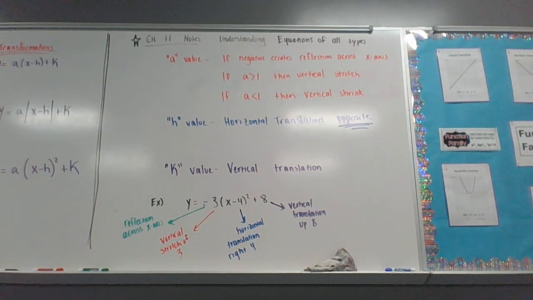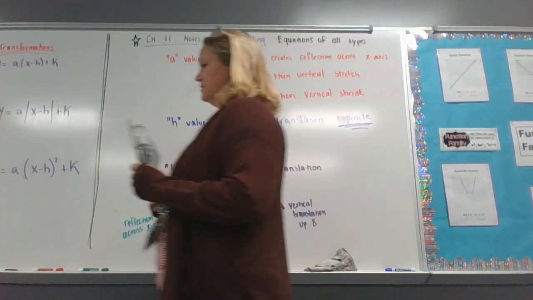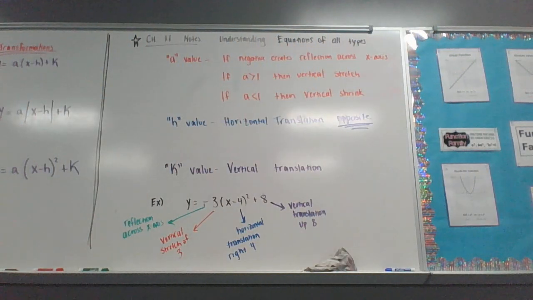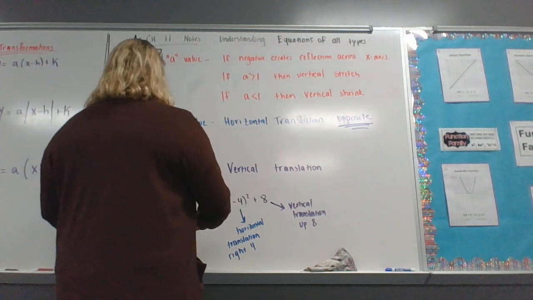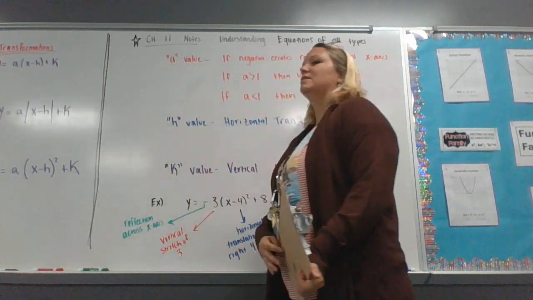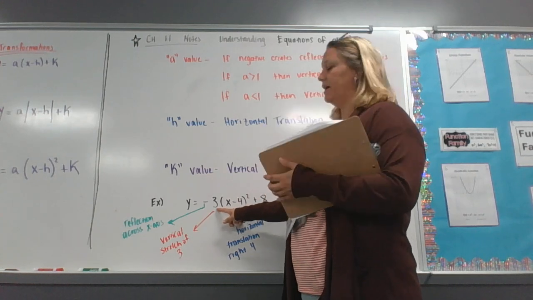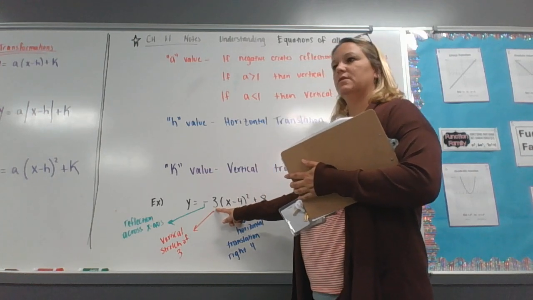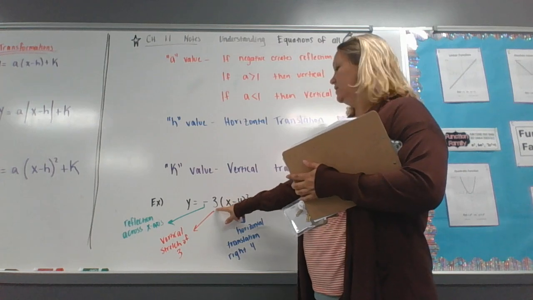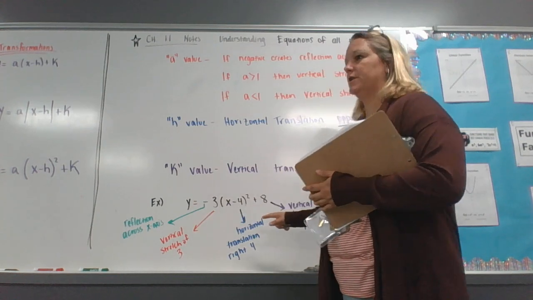All right, let's start. When I look at this example here, what would we call the three, A, H, or K? This is an A value. This is a quadratic function.